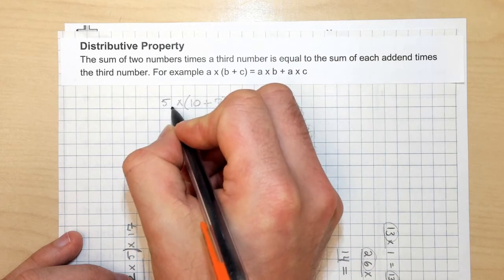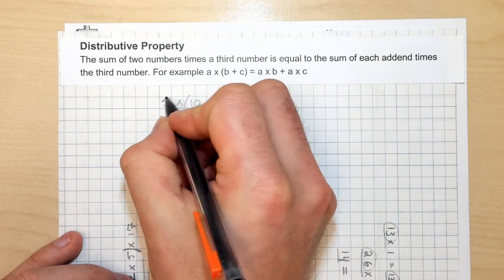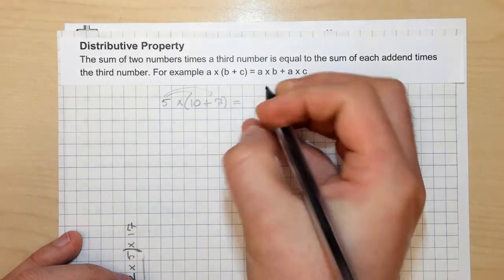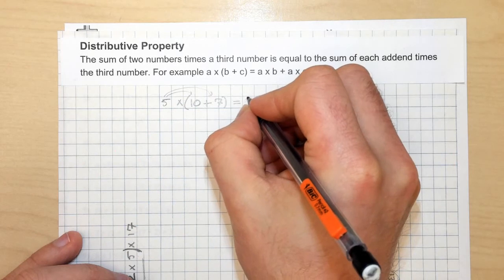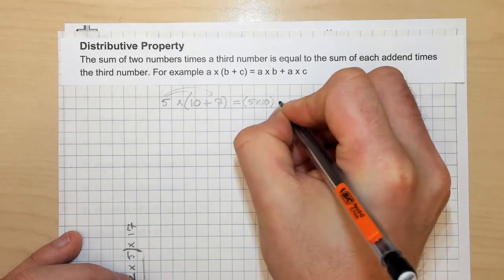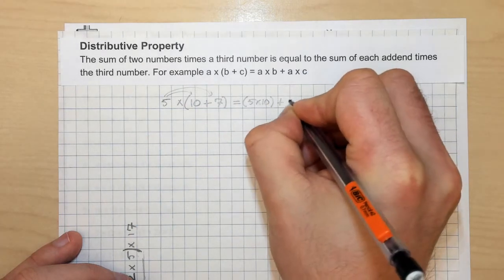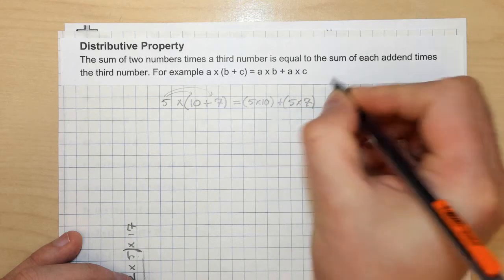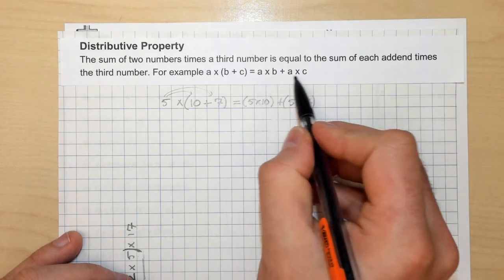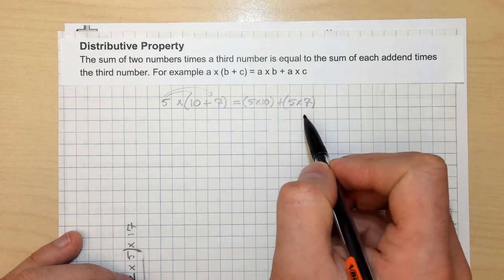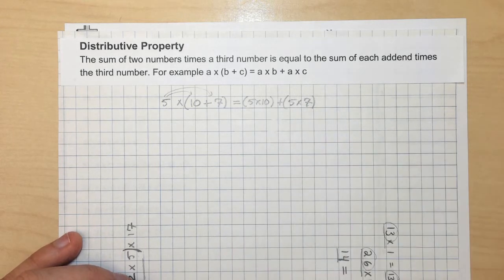So I take this apart and I go, okay, well 5 times 10 and 5 times 7. So I go over here and go 5 times 10 plus 5 times 7. Okay, they did not put parentheses up here. In class we have been, just to keep things clear right now for what we're doing.